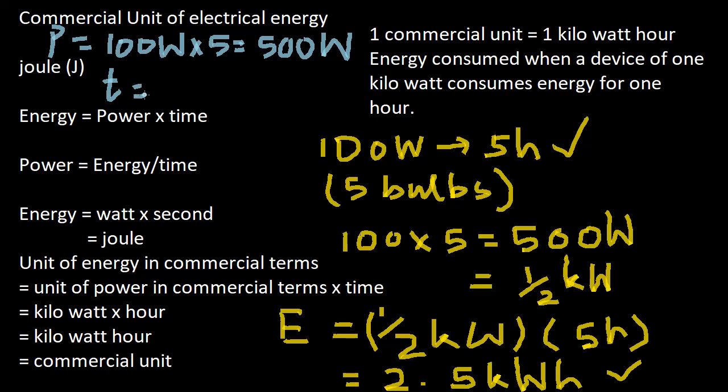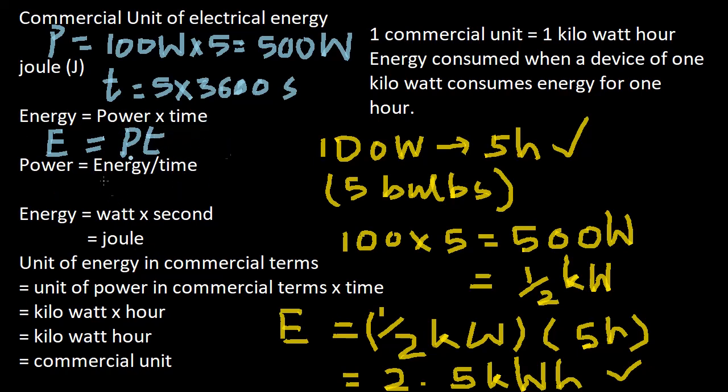So we have to convert 5 hours into seconds. So 5 times 3600, because 1 hour has 3600 seconds. So the energy will be equal to power into time, as always, whether we calculate it for commercial units or for SI units.